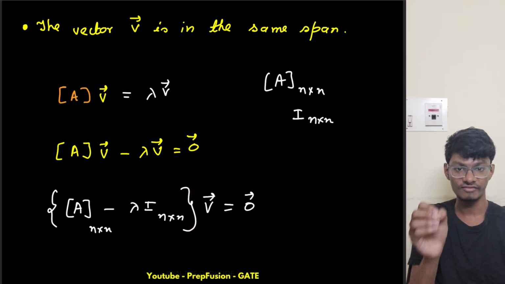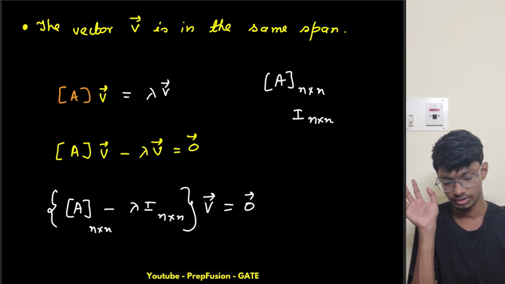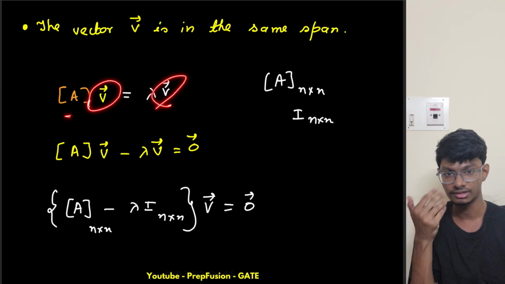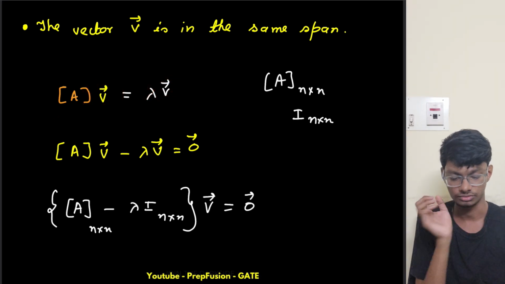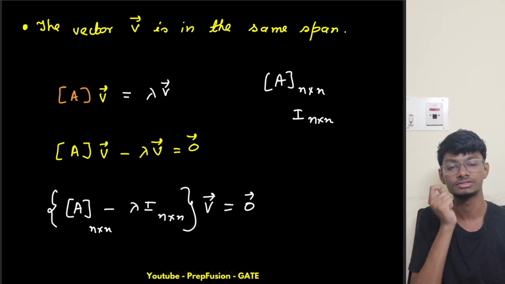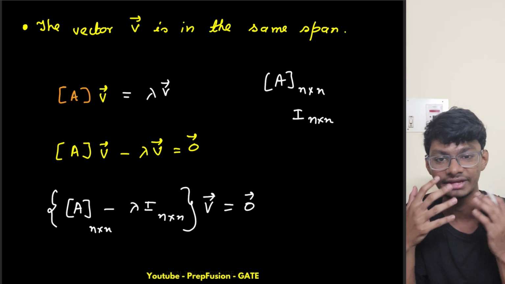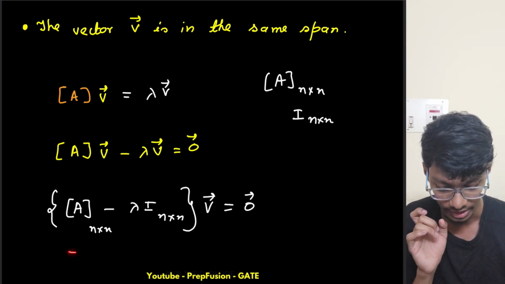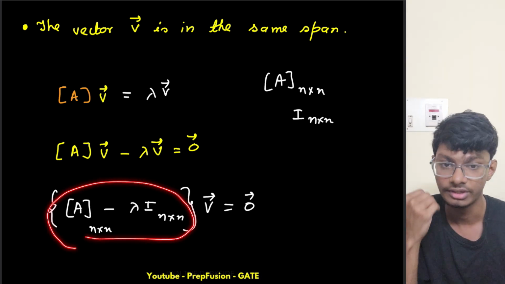So a null vector is an eigenvector of all matrices, always. If I multiply with the null vector here, I will get a null vector as the equation. So it is always a solution, but I am not interested in the null vector because that doesn't give me any information. So I am interested in equating this bracket to 0.